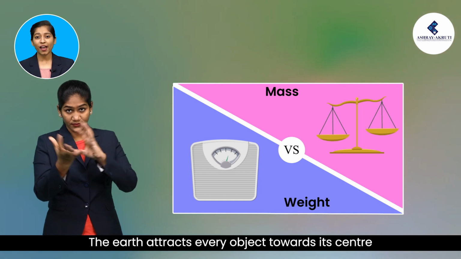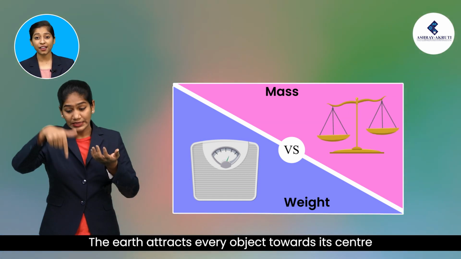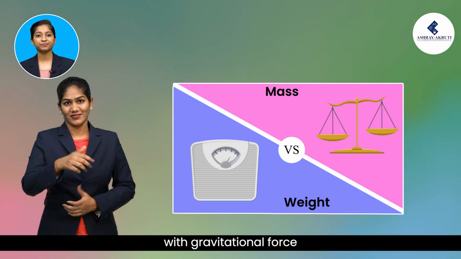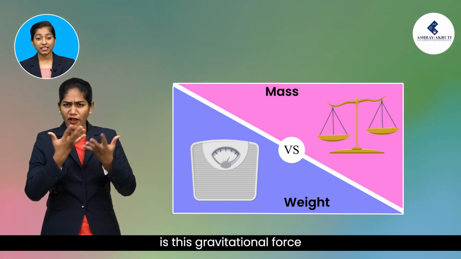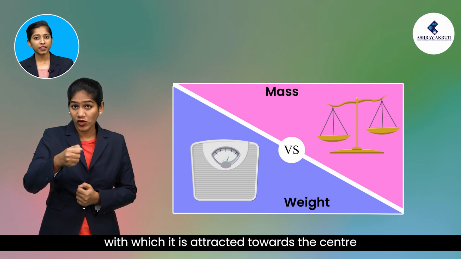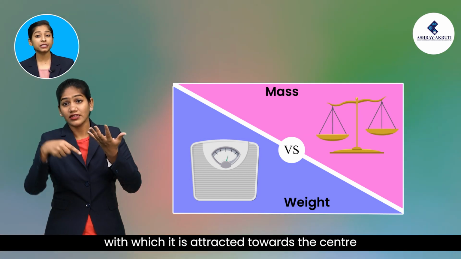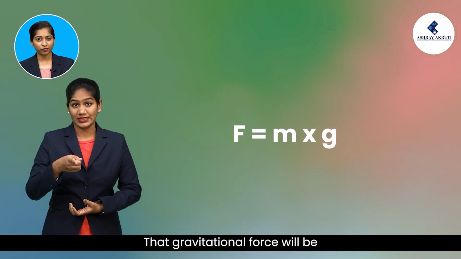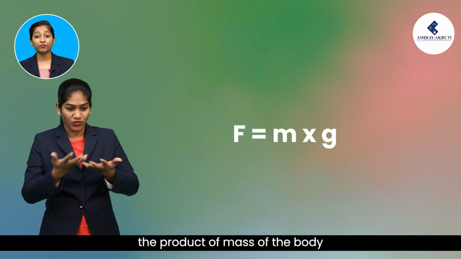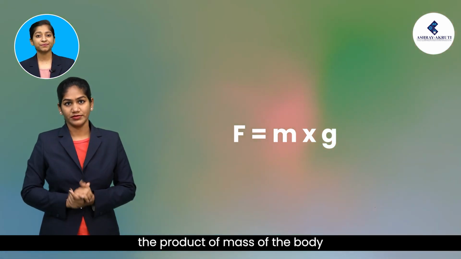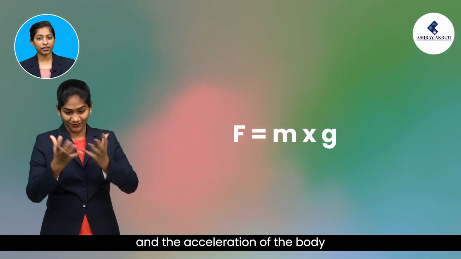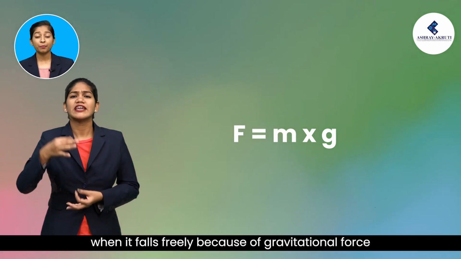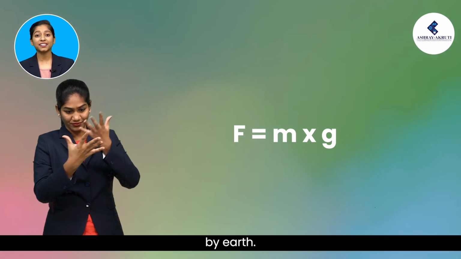The earth attracts every object towards its center with gravitational force. The weight of a body is this gravitational force with which it is attracted towards the center of the earth. That gravitational force will be the product of mass of the body and the acceleration of the body when it falls freely because of gravitational force by earth.